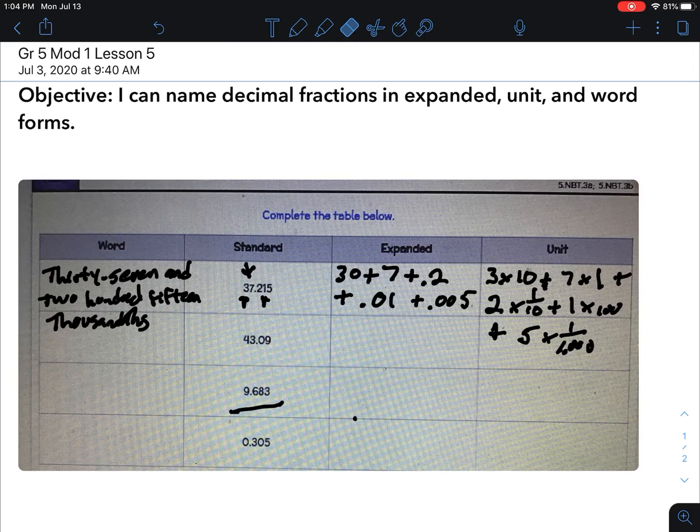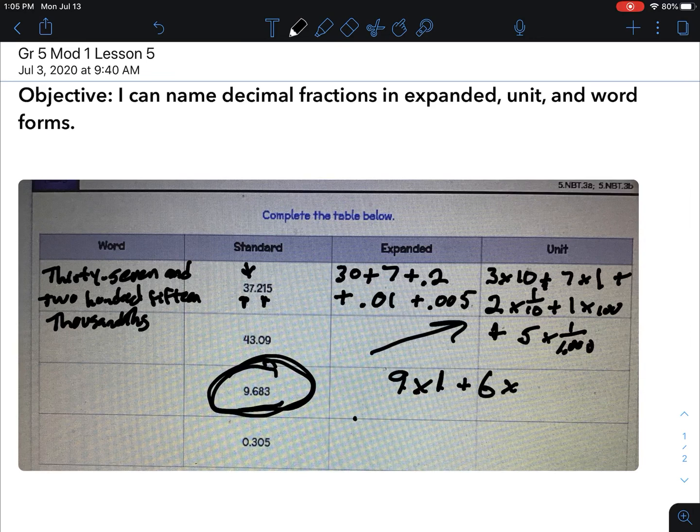Good, and then the last thing I want you to try is I want you to write this same number in unit form. Remember, you can look at that example up there to help you, and it's going to take a little more space, but how would you write this number in unit form? Okay, so you go one number at a time. Your 9 times, it's in the ones place.